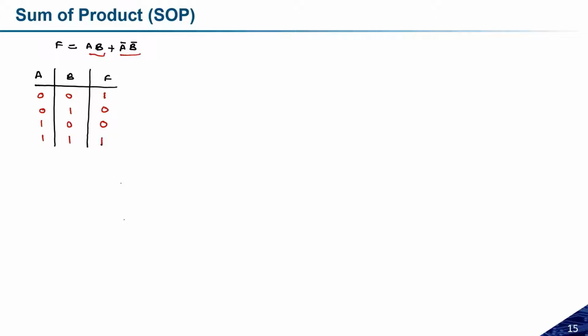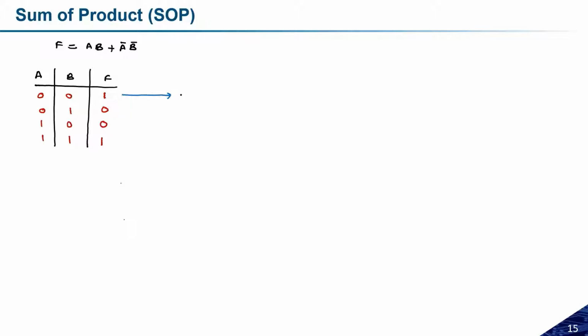See here, in this expression ab plus a bar b bar, let me change the color so that you will understand. Where I am getting the function 1, if a and b both are 0, then I am getting the function 1. So 0 means the complement, and where the output is logic 1, that min term will be applicable.